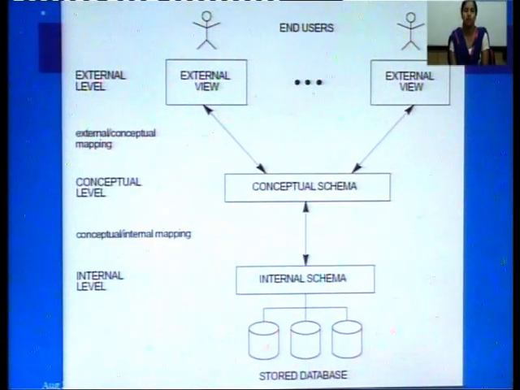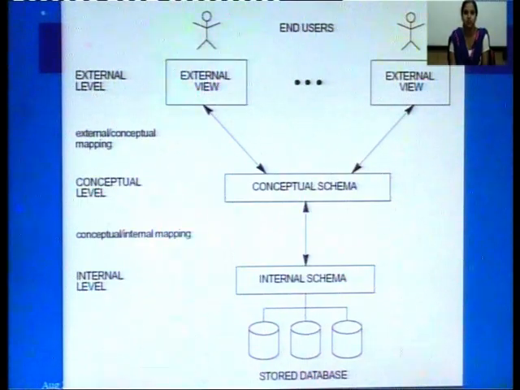It deals with the physical schema: how bits are arranged in the database, how optimally it is executed, and how optimally it can be retrieved. This is all done at the internal schema level, using the physical data model.